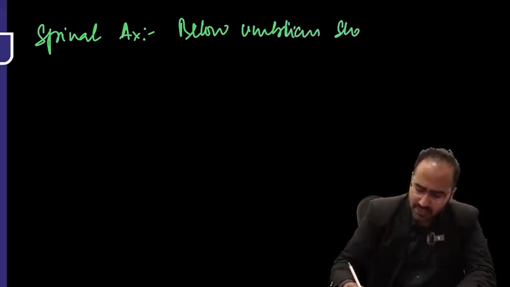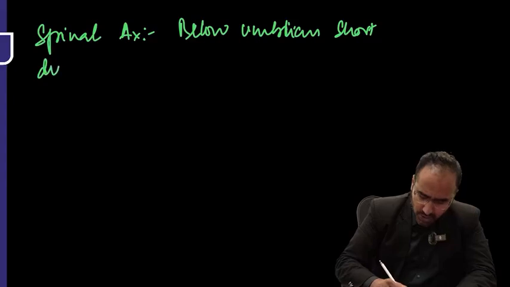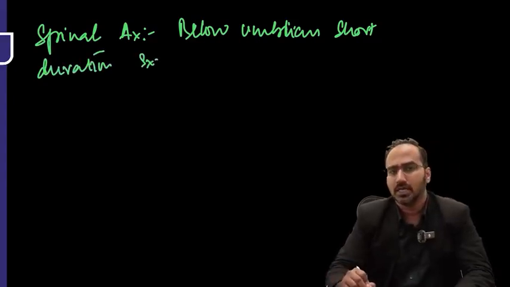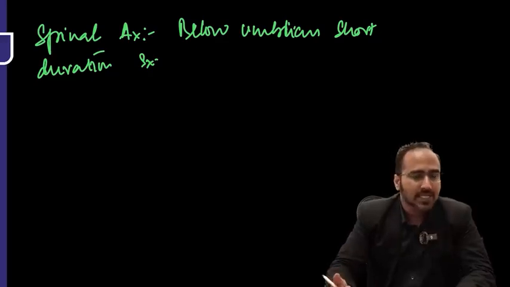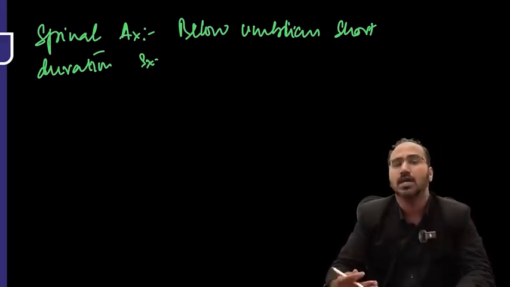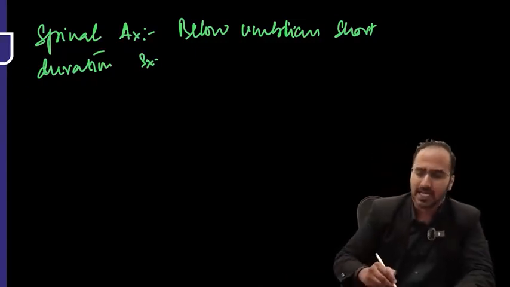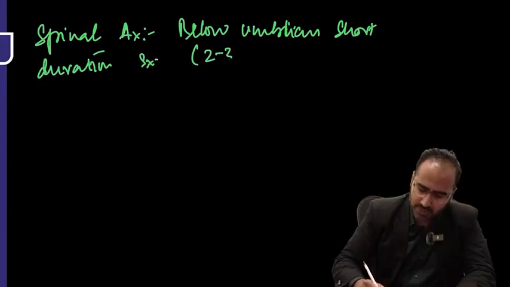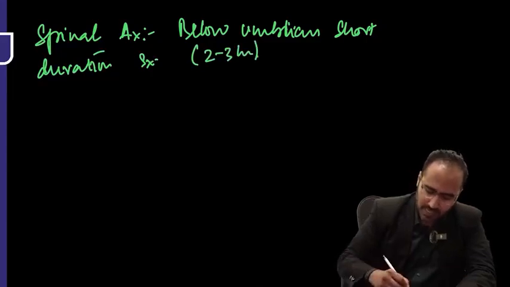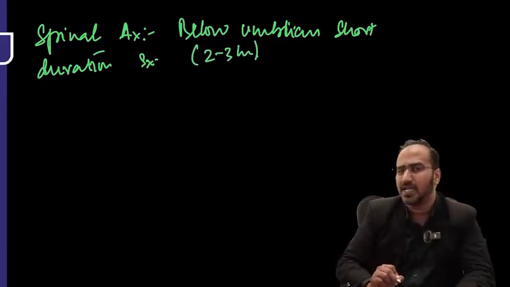Below umbilicus, short duration surgery. Appendicectomy, LSCS, hernia, hydrocele, all can be done within 2 to 3 hours, so you can go for spinal anesthesia. Now, we know the indication of spinal.